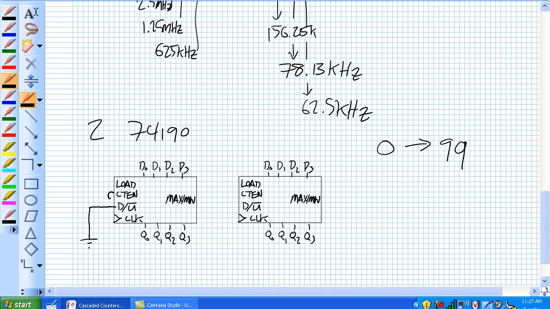Like I said earlier, that's an active low. That's also an active low count enable and an active low load. We don't want to load anything, so tie that to +5. And because we always want our lowest order to be enabled, we're going to tie this to ground. Okay, so now everybody gets the same clock.